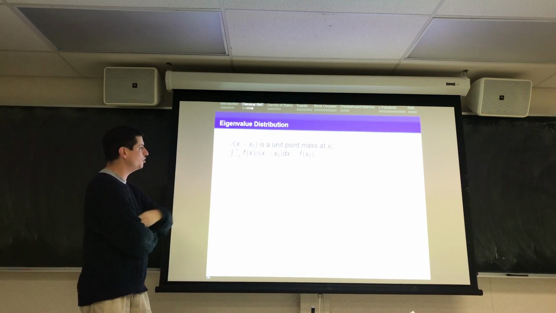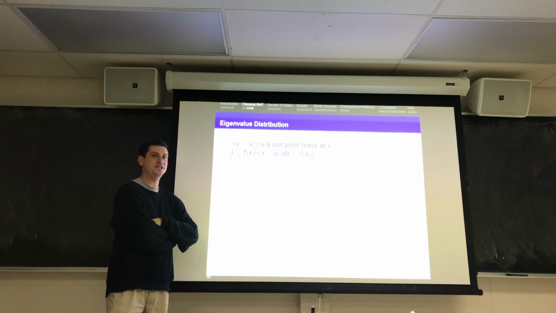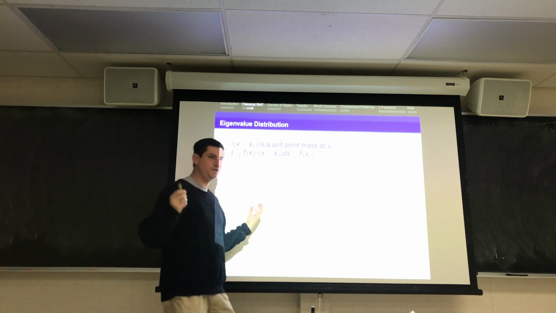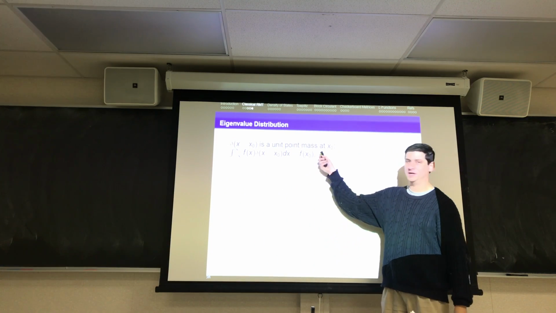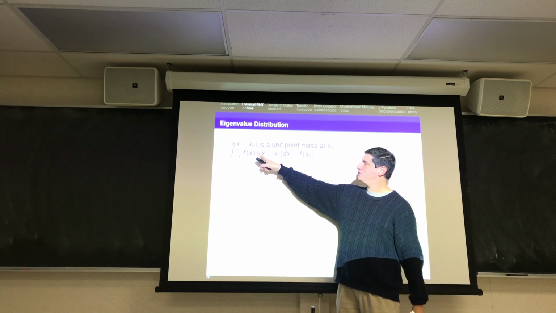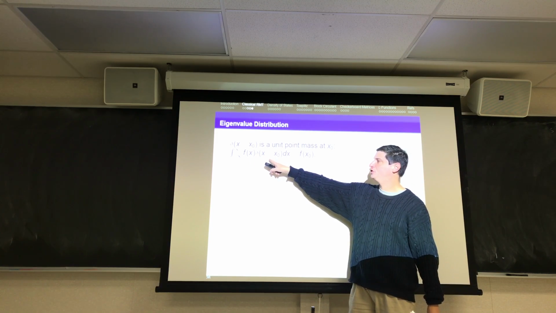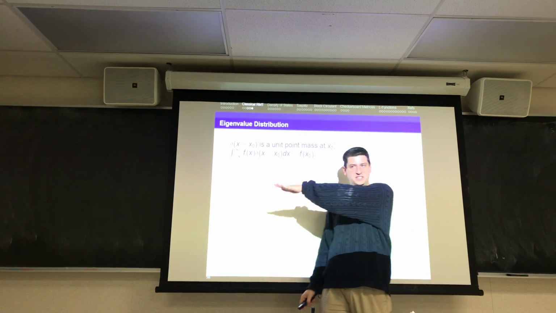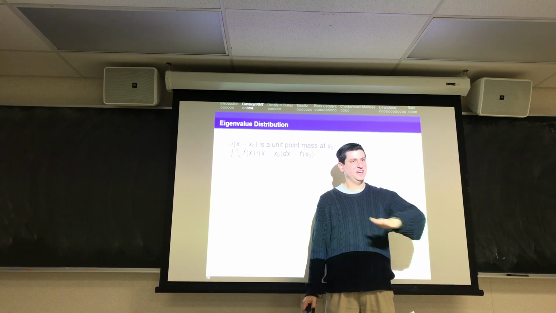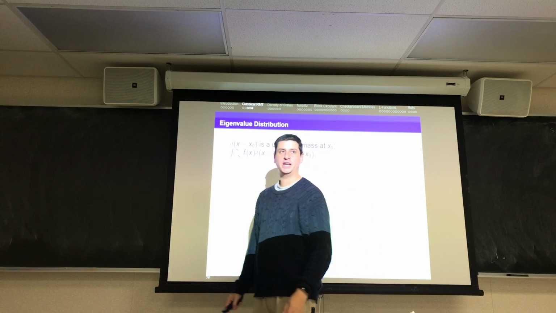So to just make things a little bit more explicit, delta is going to represent the Dirac delta functional. Essentially view it as a unit point mass. All of your mass is located at the point x naught. So if I integrate any function against the delta function, it just returns the value of the function at x naught. So your density is 0, spikes up to plus infinity, and then is back to 0 as you continue down the real axis.